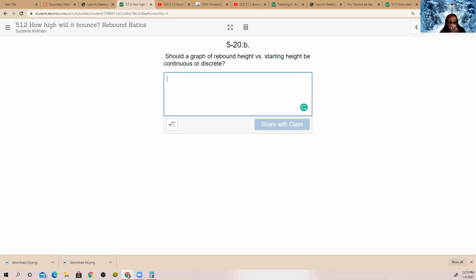So this one should be continuous because it doesn't matter what height you drop the ball from, and the rebound height can be any amount.